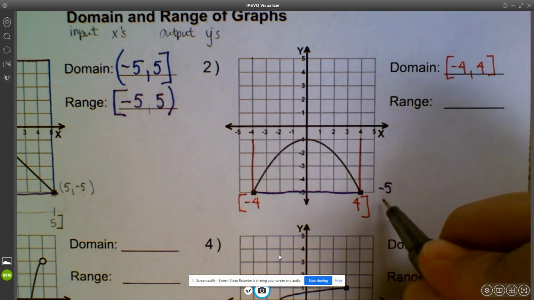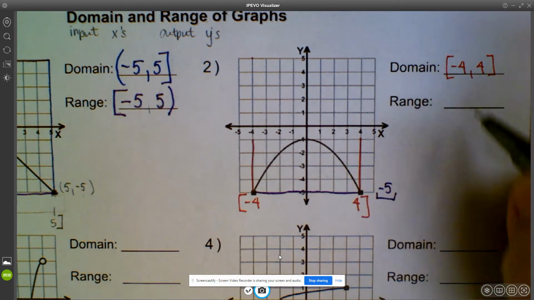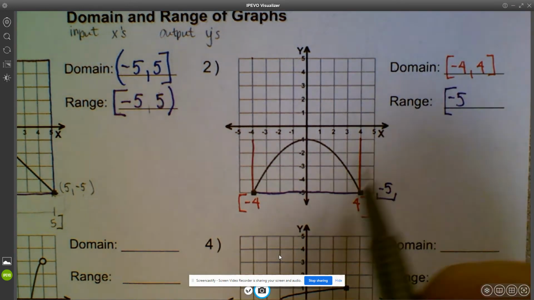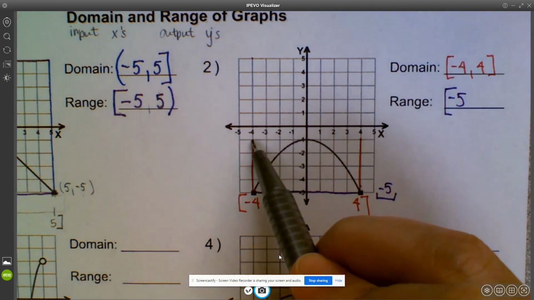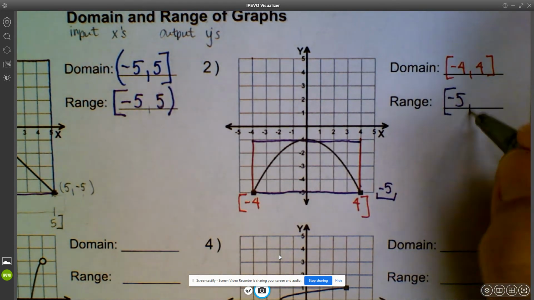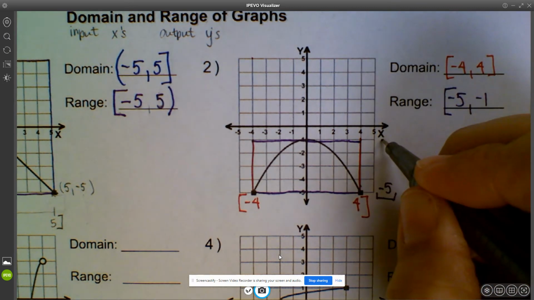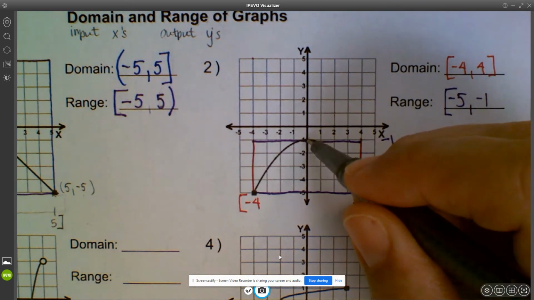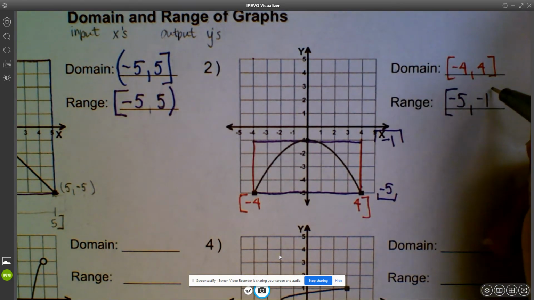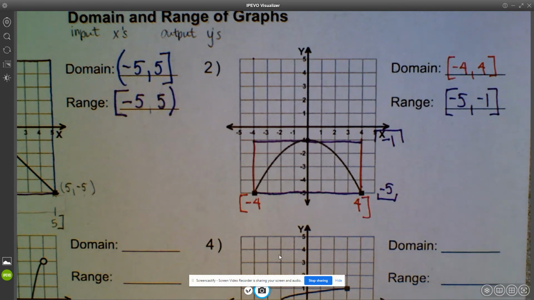And that -5 is included, so it's going to get a bracket. And how high does this graph travel? Well, it travels all the way here to -1. All the way up here to -1. And that is actually on the y equals -1 line, so that's also included.